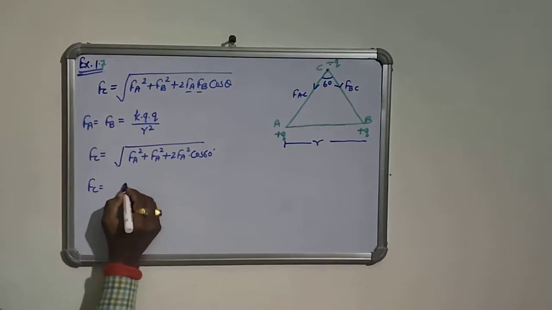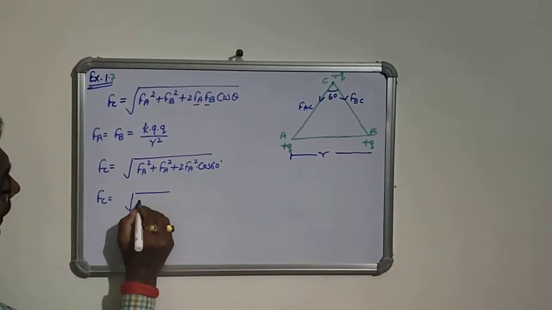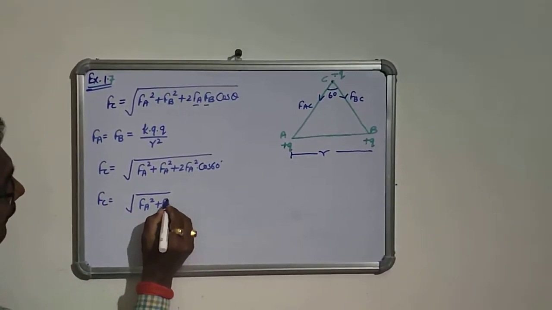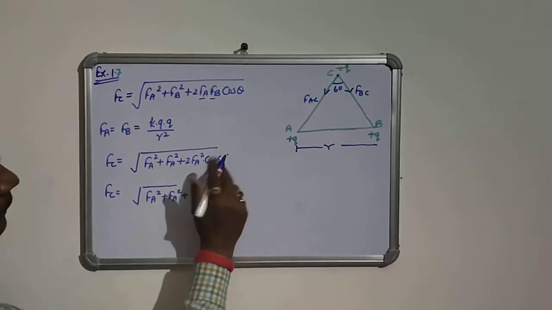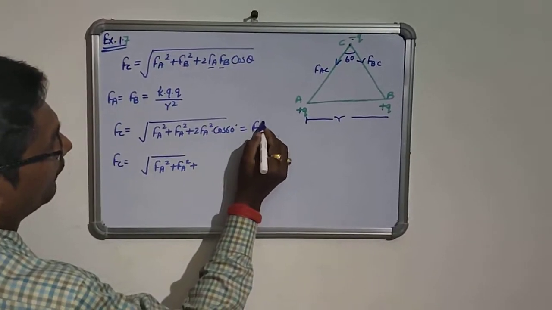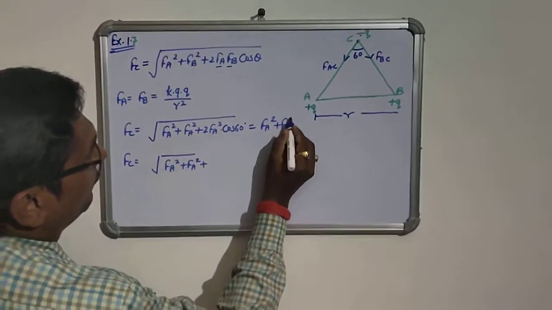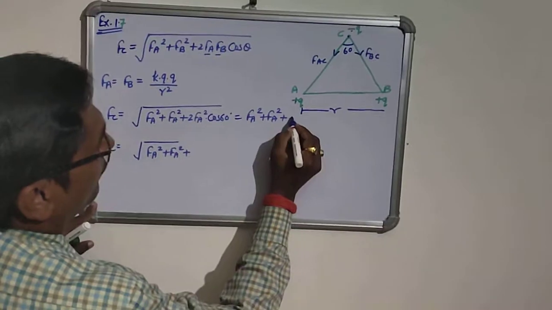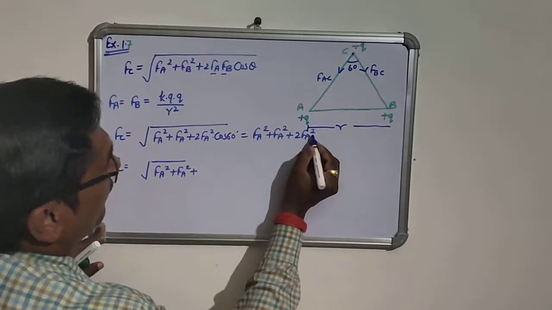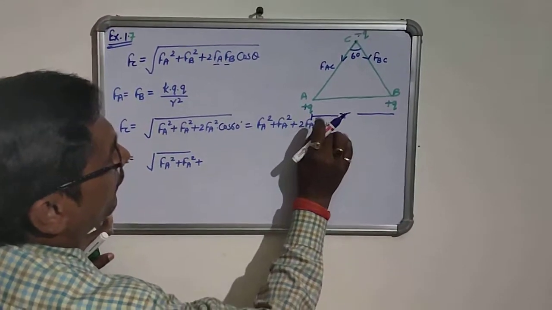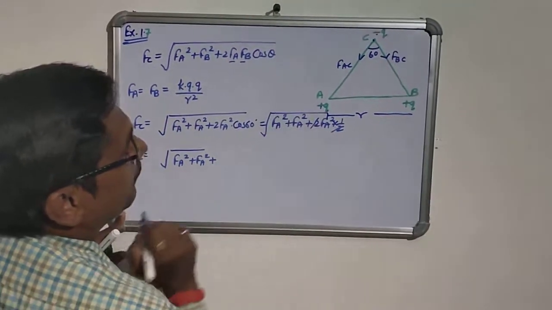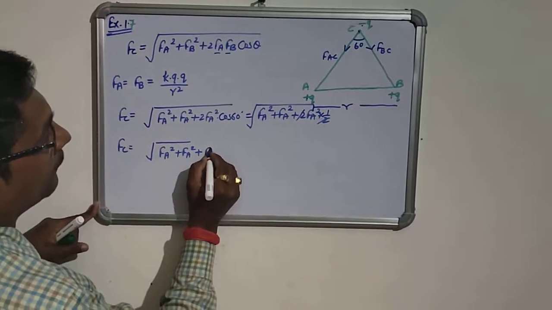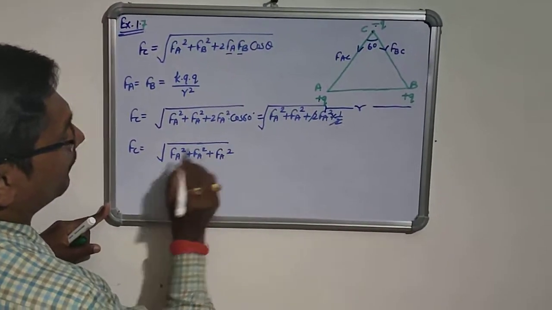So F_C equals the square root of F_A square plus F_A square plus 2 F_A square times 1 by 2. The 2 cancels, then it equals F_A square.